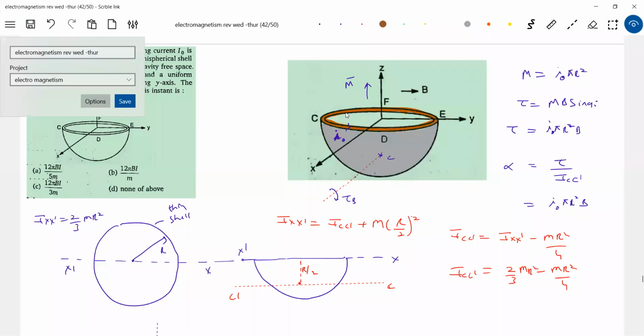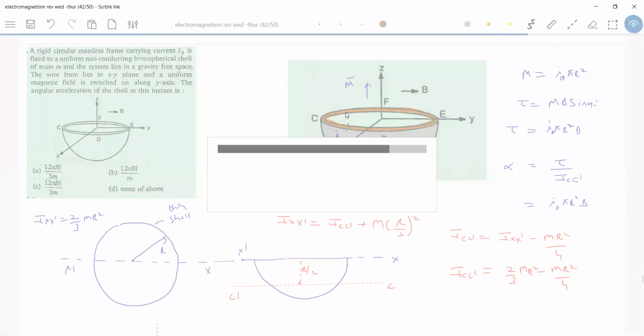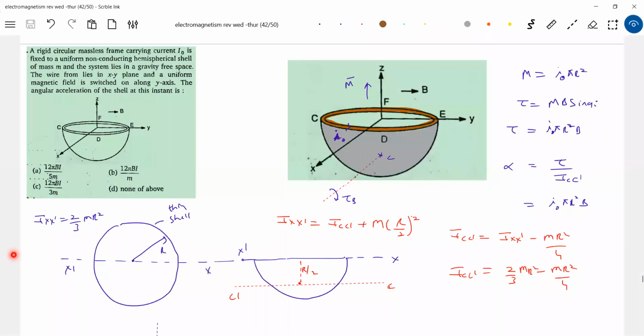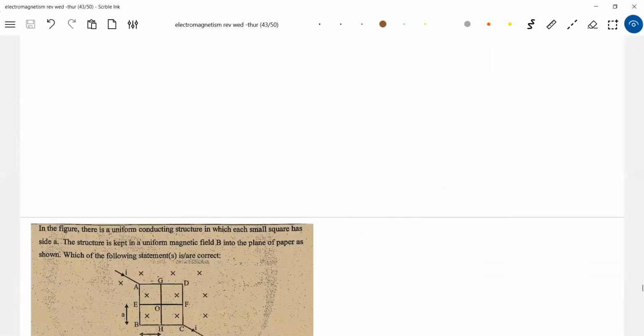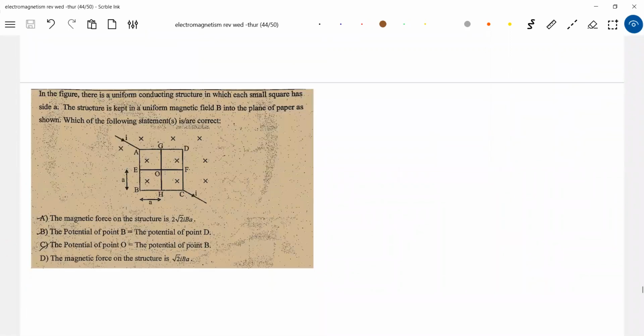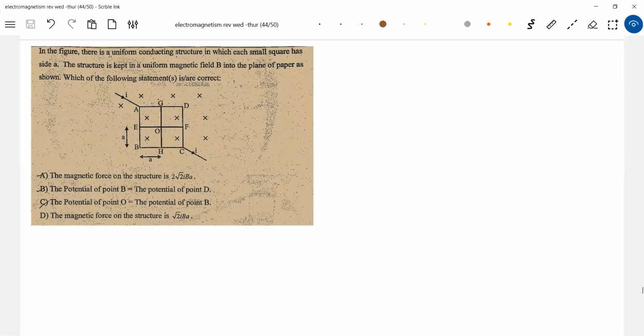Okay, there's one basic condition, please do remember. Let's take one good problem, and we'll wind up with this one. I think we have come across this in current density.